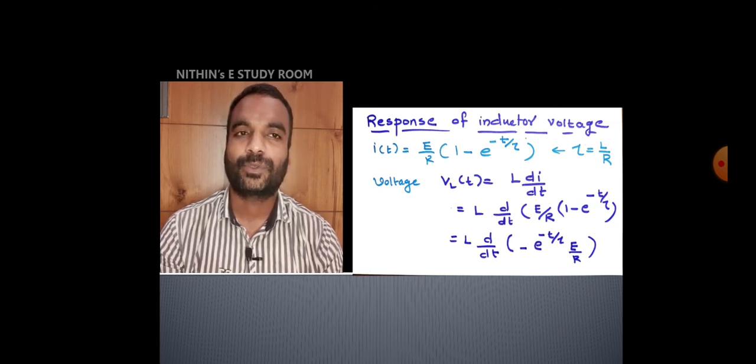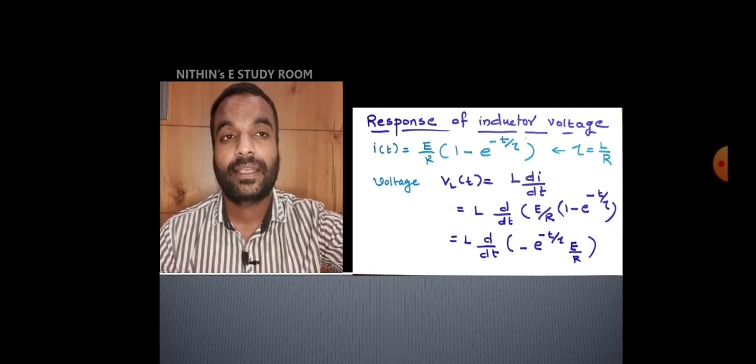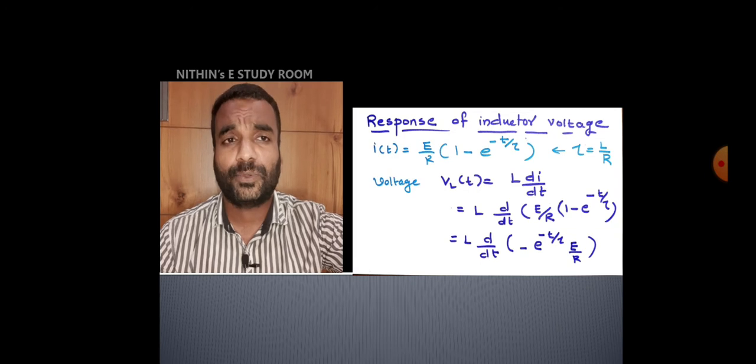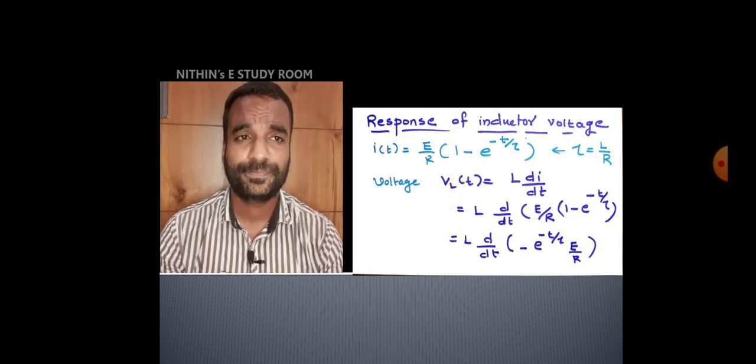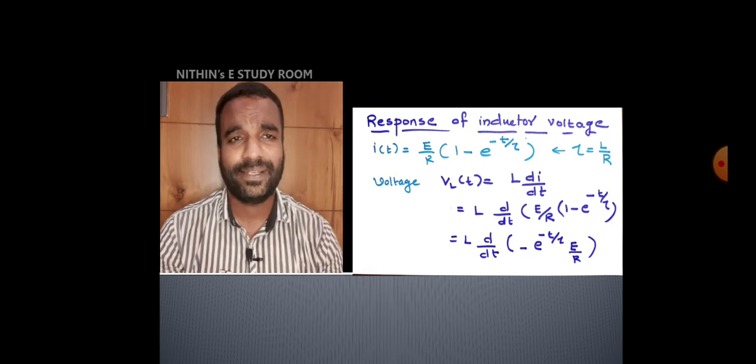Now I substituted R by L is equal to 1 by tau. That's why the equation became I of t is equal to E by R into 1 minus e raised to minus t by tau, and tau is equal to L by R.